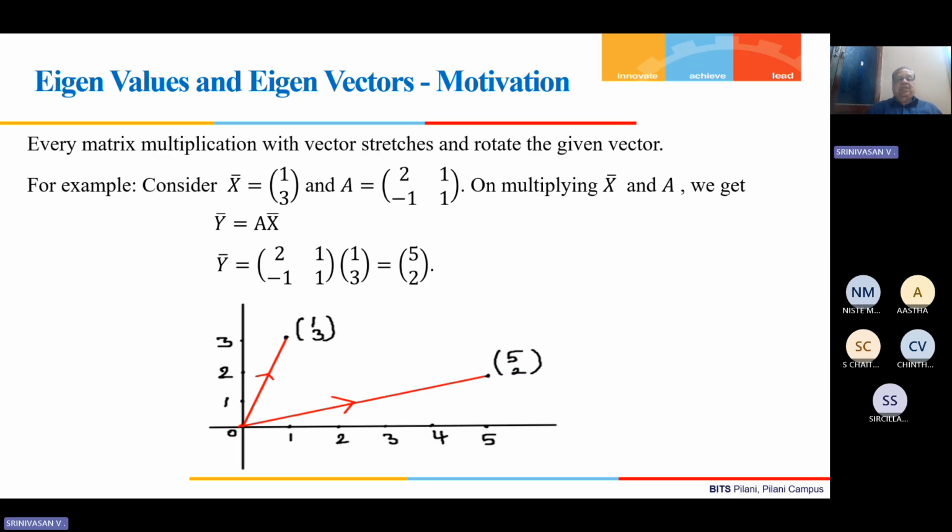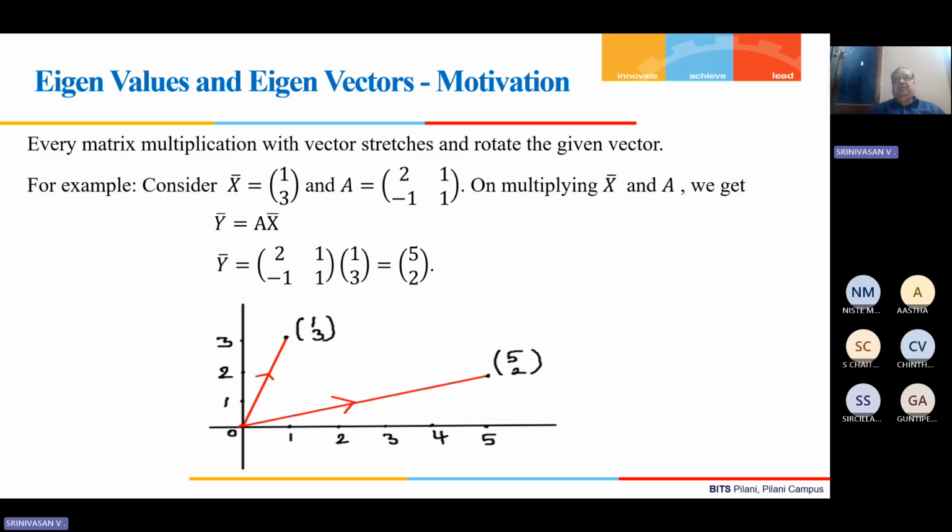Look at this. Every matrix multiplication with the vector stretches, means it elongates the length, and rotates the given vector. So it has both magnitude and direction as any vector has. But here, when you have the matrix multiplication with a vector, it stretches and also goes through a rotation.